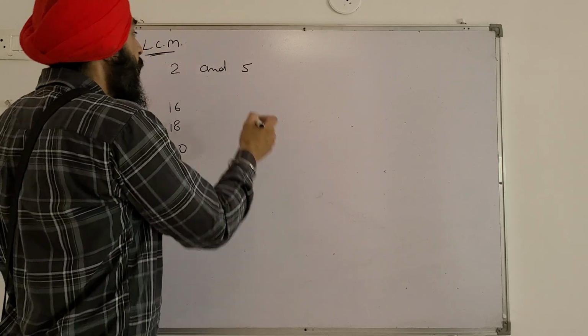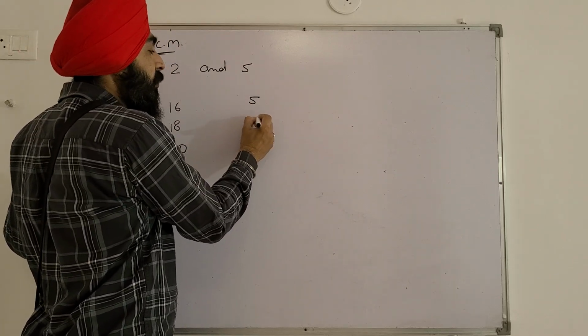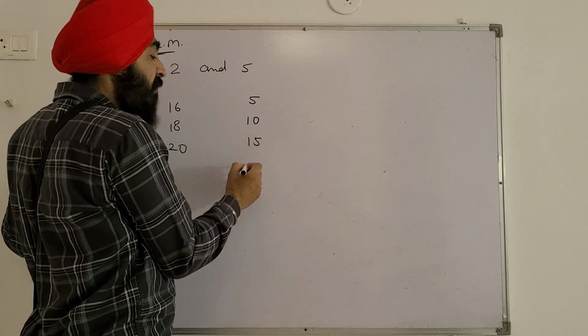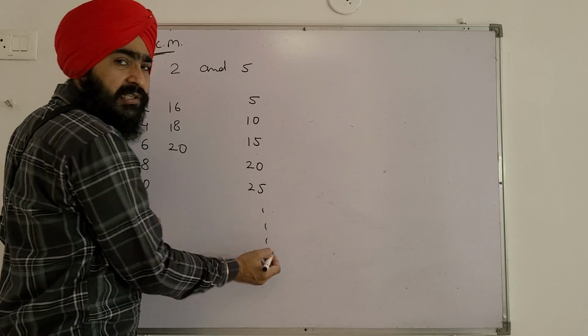By the same meaning, multiples of 5: 5 ones are, 5 twos are, 5 threes are, 5 fours are, 5 fives are, and like this we can continue.